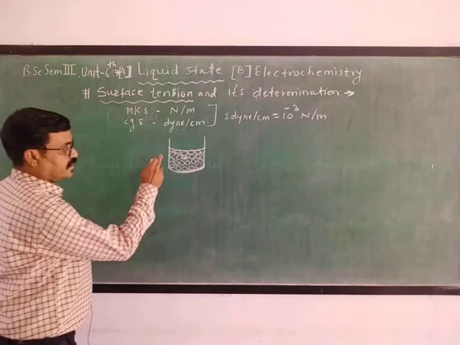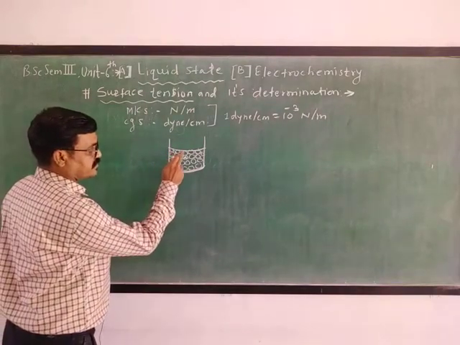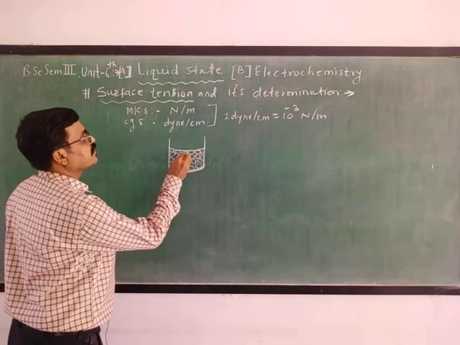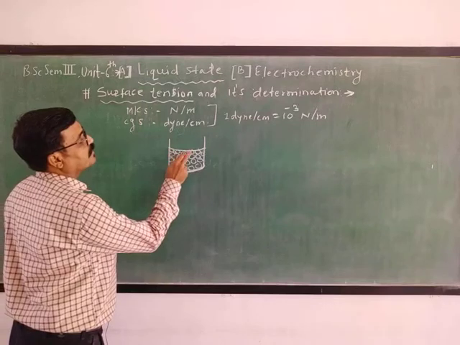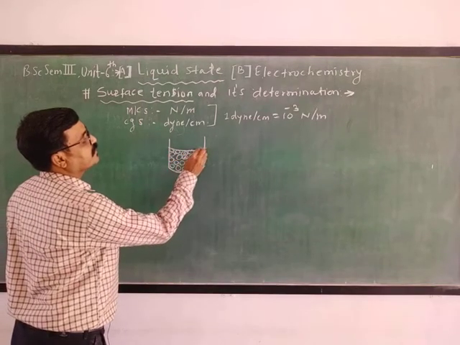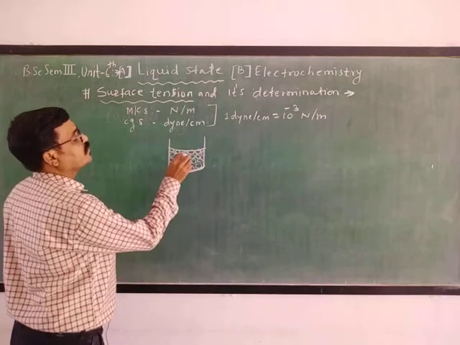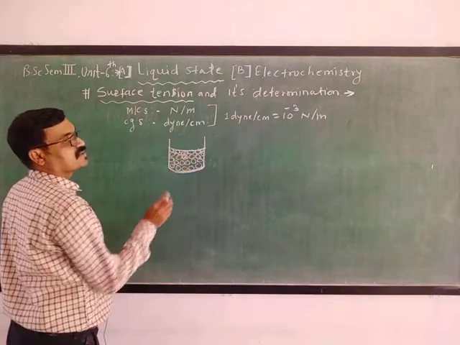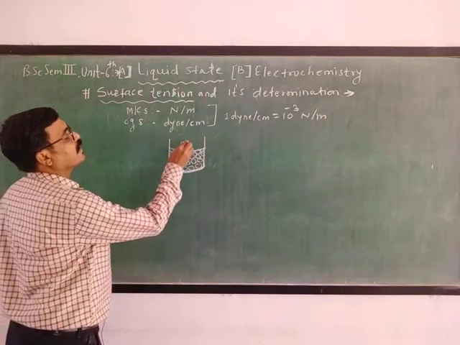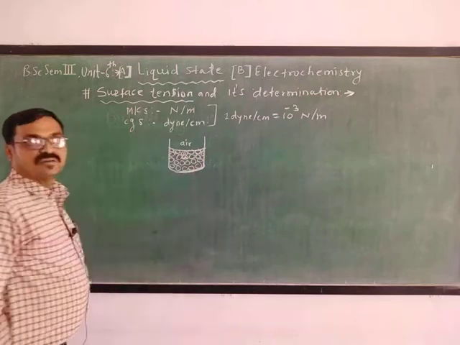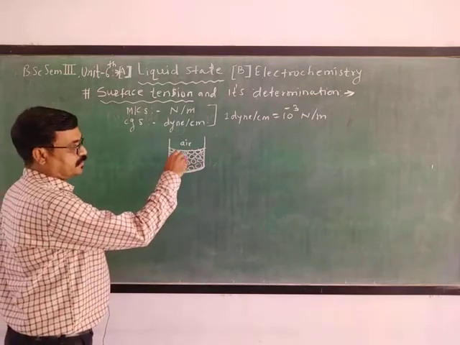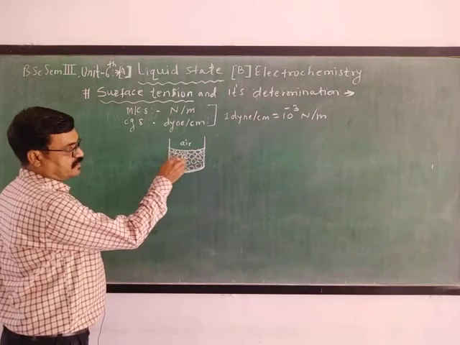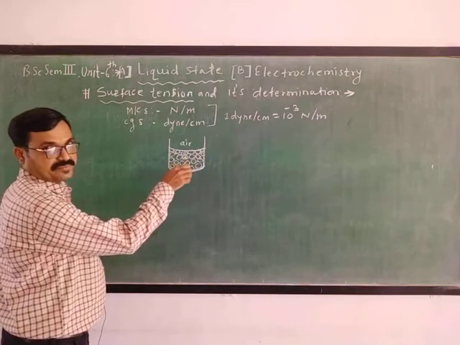Now consider a molecule B. These molecules are present at the surface of the liquid. This molecule B experiences force due to the air above the surface, and the inward pulling due to the molecules of the same liquid.